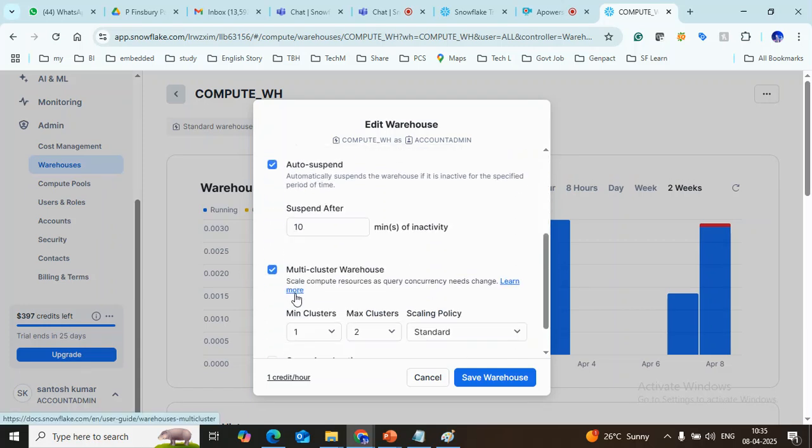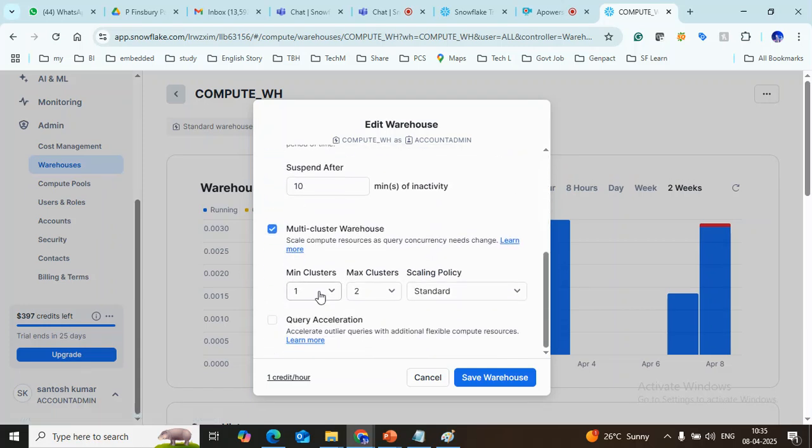So how does multi-cluster work? Suppose it starts from one cluster. If the number of users has not increased and our queries are not queued, then it will run on only one cluster.